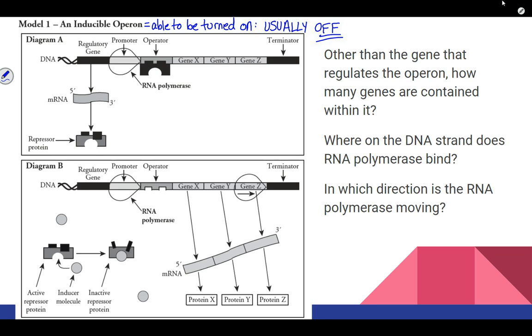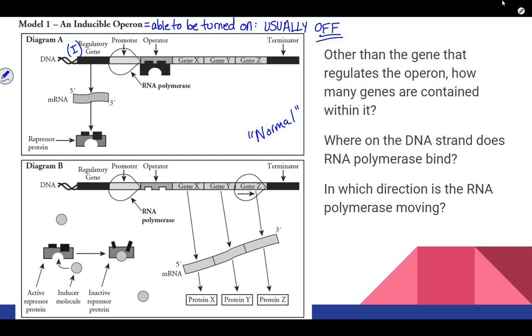So the point of operons really is to help bacteria be as efficient with their energy and resources as they can, so they don't make things they don't need. So most of the time, this type of operon is off. This is the normal situation in this top picture. You can see here the regulatory gene, the one that in that other picture was labeled with the letter I. The regulatory gene produces the repressor protein.